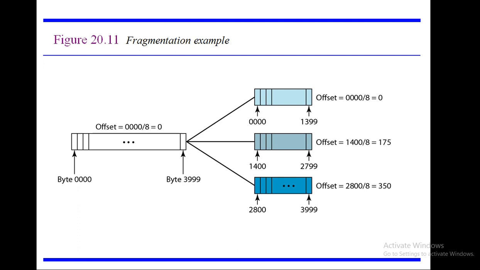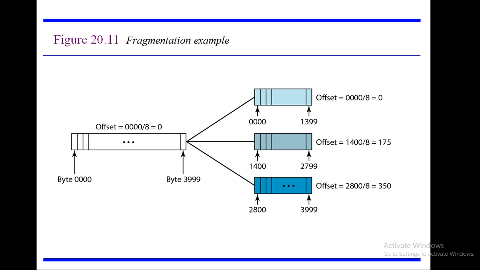Now let us see one example of the fragmentation. So this is the first diagram. You can see byte 0 to byte 3999, that is the total length of the datagram. But this datagram cannot be transmitted over the underlying network, because the underlying network is not capable of transmitting these 4000 bytes. From 0 to 3999 means 4000, right?